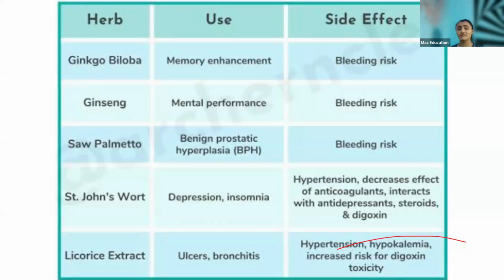Next, herbal remedies. There are some herbal remedies you have to remember because in examination they will ask you about them. This is important. First herbal medication is ginkgo biloba. What is it used for? The patient will use it if experiencing memory deterioration or any problem with memory, so it is used for memory enhancement.